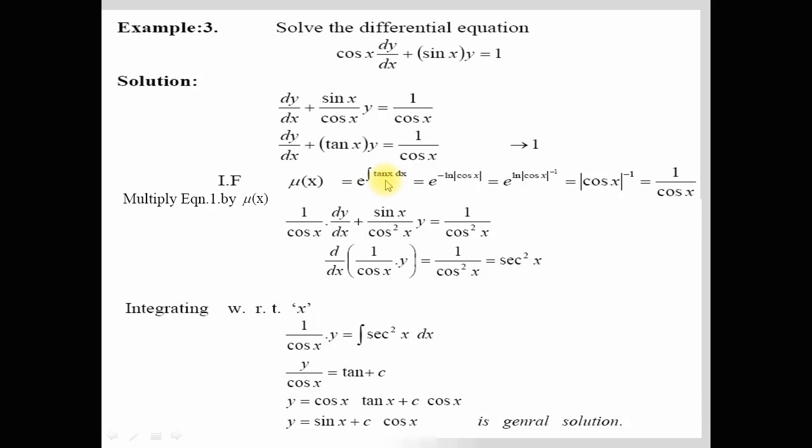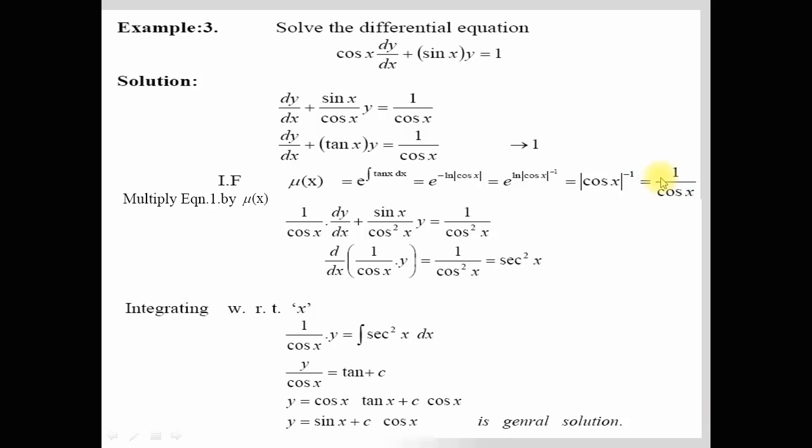The integration of the tangent function is equal to minus log of cos x, and we obtain here e power log of cos x whole power minus 1, and after simplification we get cos x power minus 1, which is equal to 1 over cos x.